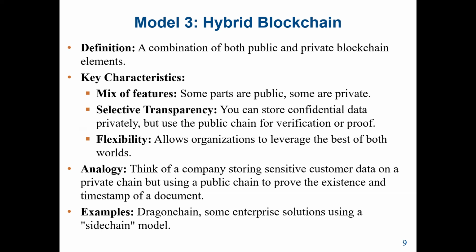Basically to provide public verification without revealing sensitive details. So an example can be the Dragon chain. This will be a platform that allows businesses to build private blockchains with a secure connection to a public blockchain.